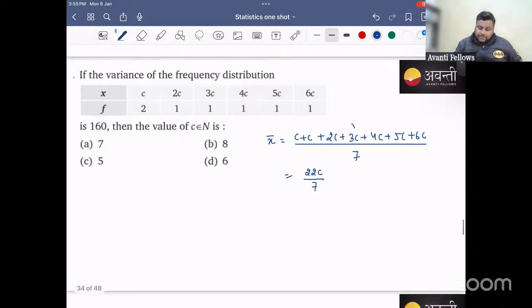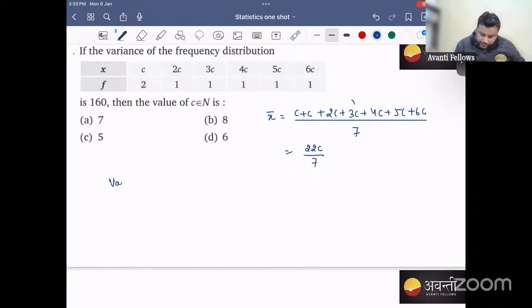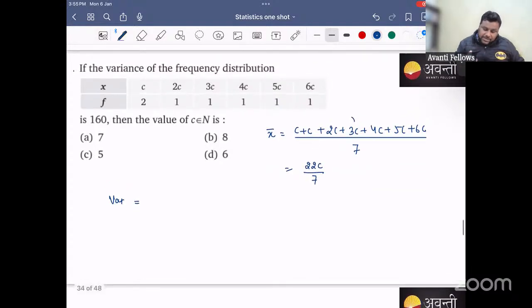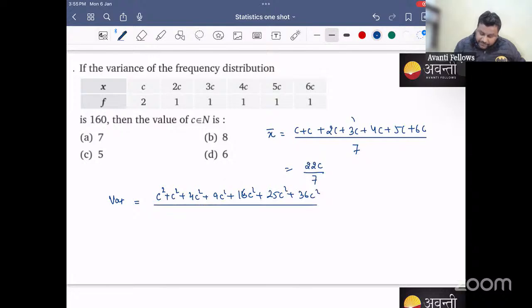This is the mean. Now, variance is mean of squares. It means C square plus C square, 4C square, 9C square, then 16C square, then 25C square, then 36C square, whole divided by 7, minus square of mean, (22C by 7) whole square.